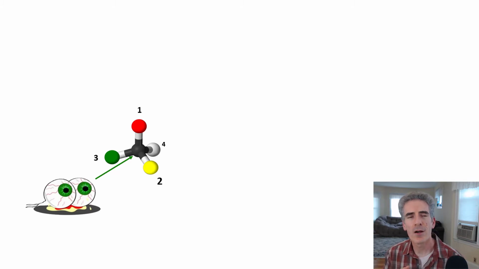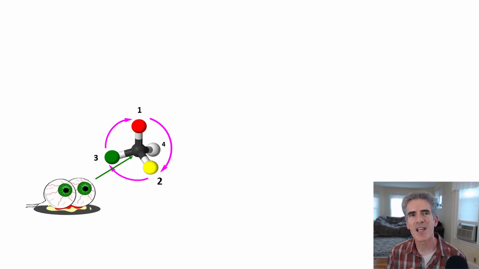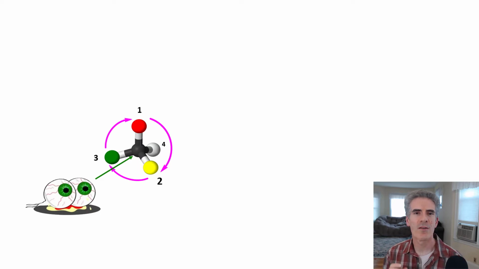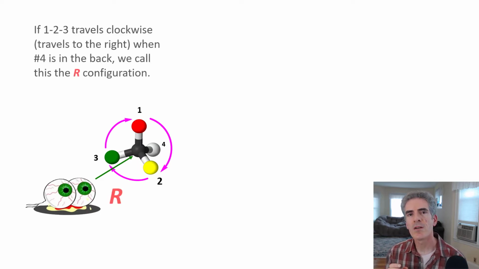And from here, what we do is we look at the direction of travel of 1, 2, and 3. In this case, 1, 2, and 3 is traveling to the right. It's traveling clockwise. When 1, 2, and 3 travels clockwise like this, we call this letter R. This is from a Latin word rectus, which loosely translates to right.